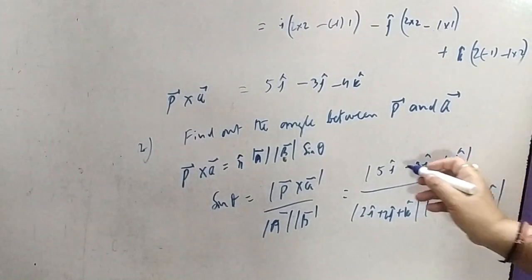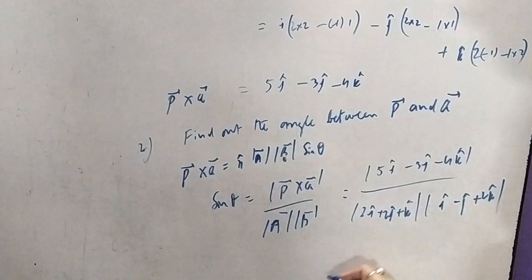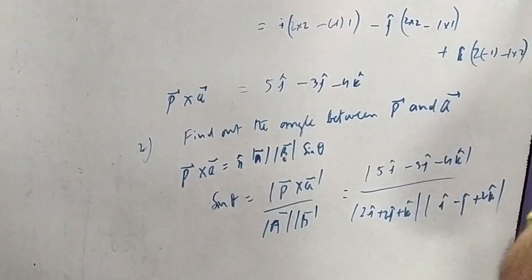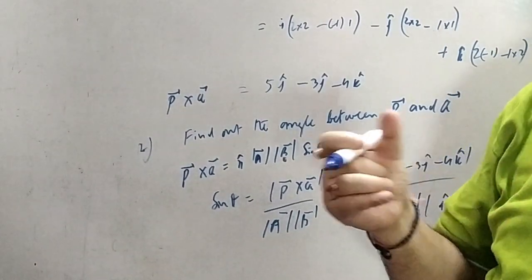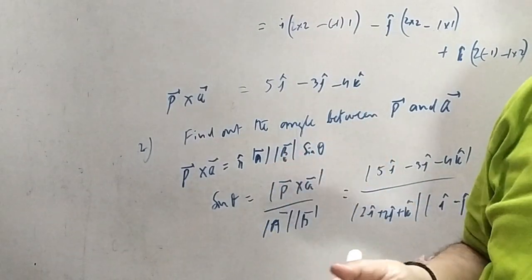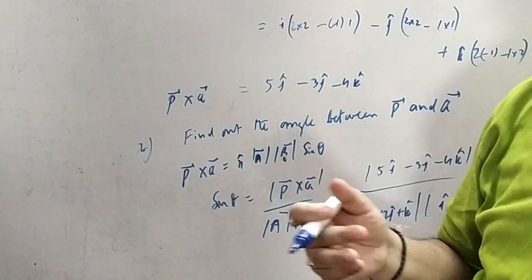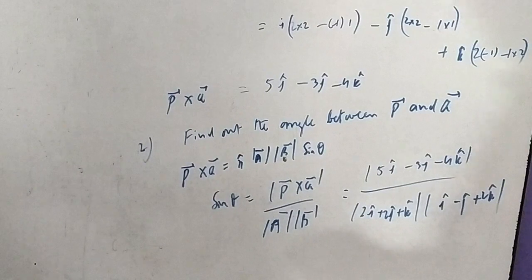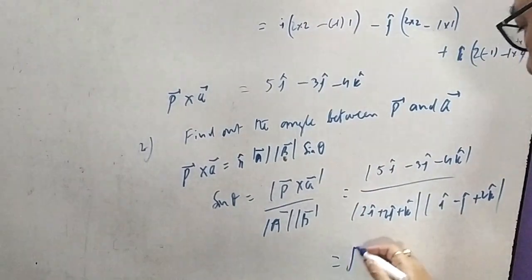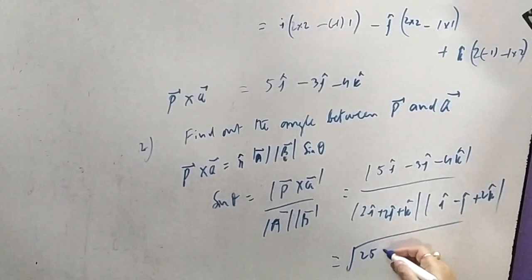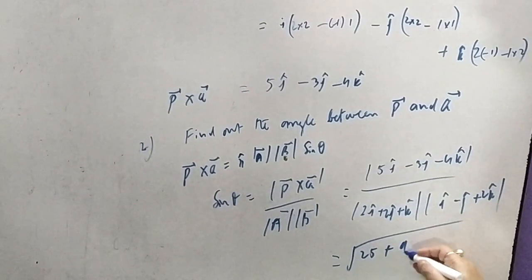Okay. Let us first find out upper one, magnitude of first one. We know magnitude is always equal to square of the coefficients of i, j and k. The sum of square of coefficient of i, j, k, and then we take the under root. That is root 25 plus 9.